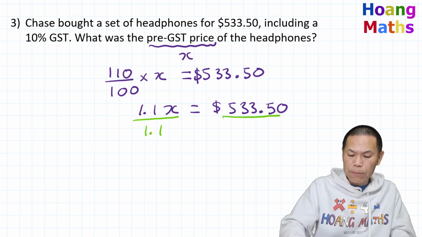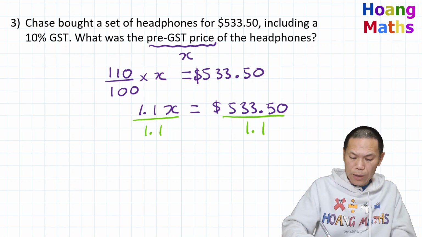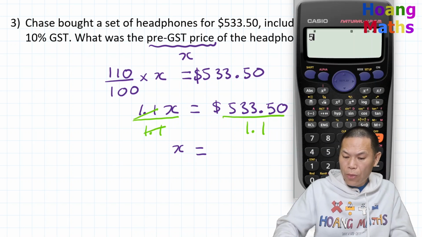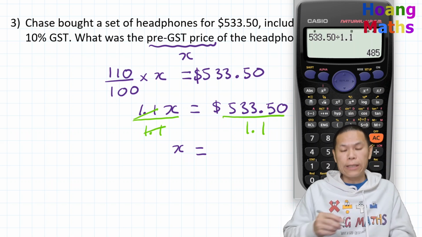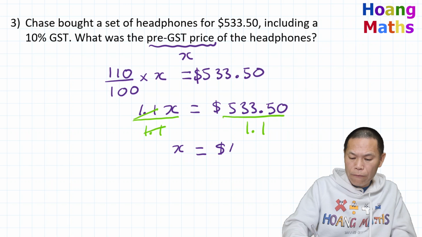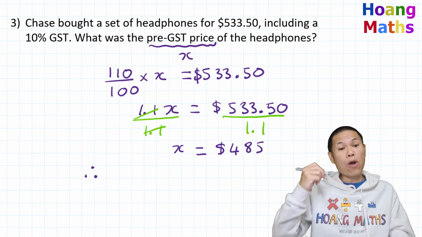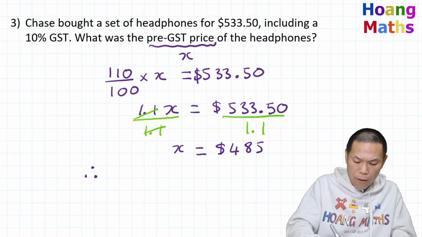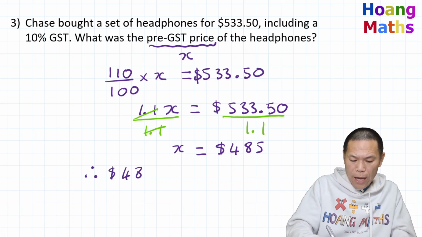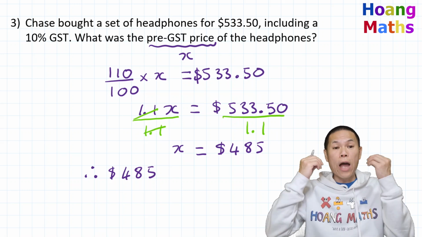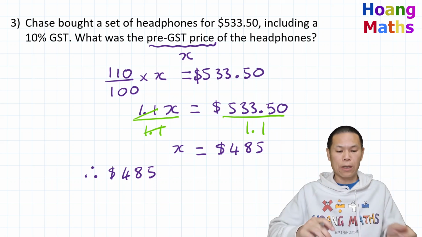So X is equal to 533.50 divided by 1.1, so 485. Therefore, the price before GST was $485. So that is the second method. You can use either method to work this out.